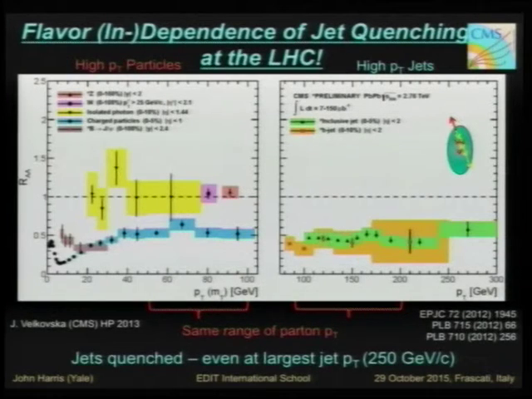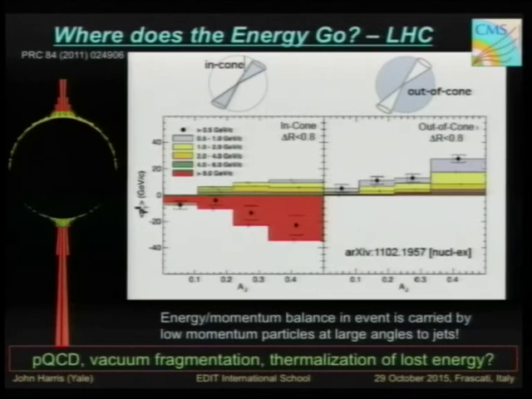So the other thing is, even at the largest transverse momentum, it's not, in my view at least, totally understood how you get suppression from the interaction in the plasma, but I think there are other questions about heavy quarks and whether they might propagate differently from light quarks or gluons, which you expect, actually.